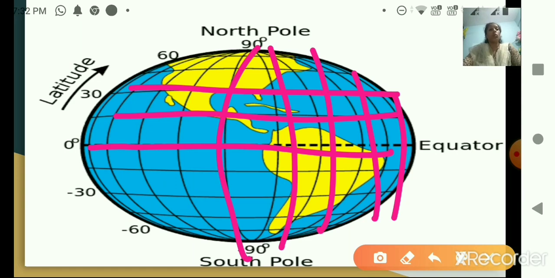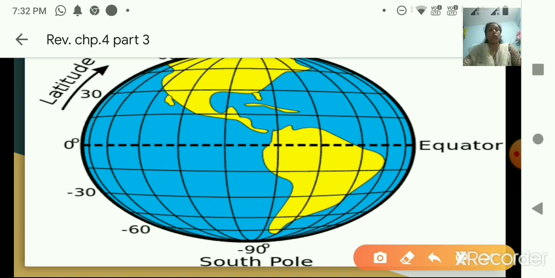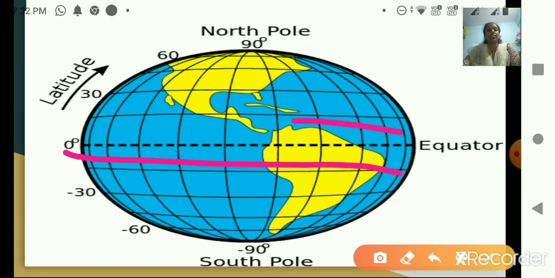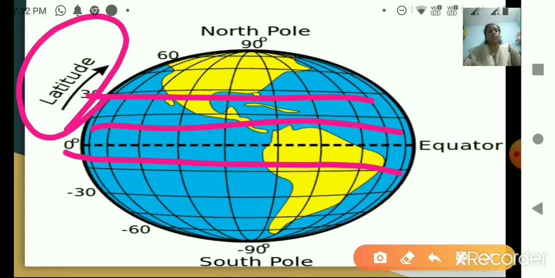Okay, so the vertical lines which we see on the globe or a map are called as longitudes, whereas the horizontal lines, these lines are called as latitudes. What is it called as, children? Yes, it is called as latitude.